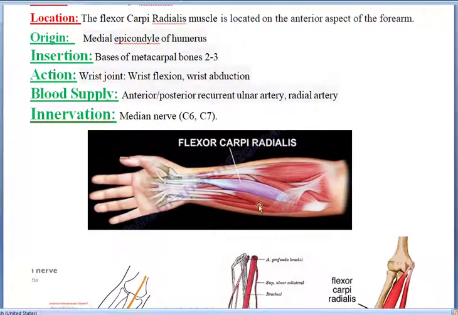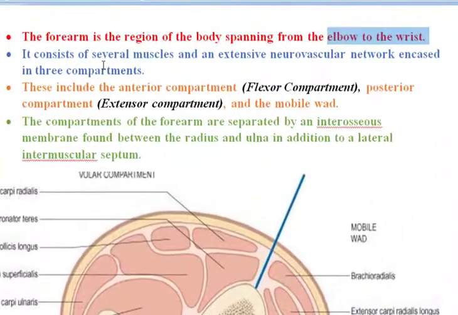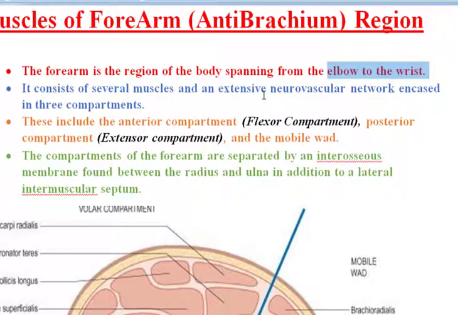It consists of several muscles and an extensive neuromuscular network encased in three compartments. These include the anterior compartment, the posterior compartment, and the mobile wad, which we will discuss.